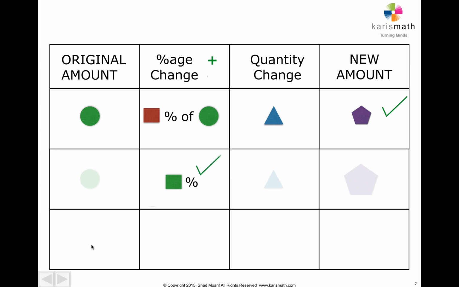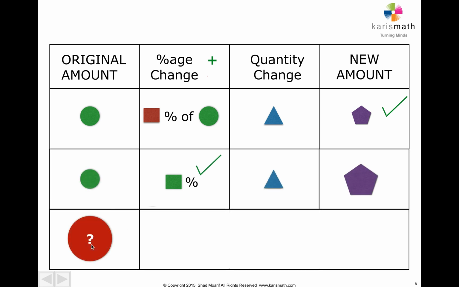What if you didn't know what the original amount was to begin with? All you know is you took a certain percent of this, and when you did that, you got this much, a little piece here. That's what you got. How will you find this? Well, all you have to do is divide this partial bit by the percentage.